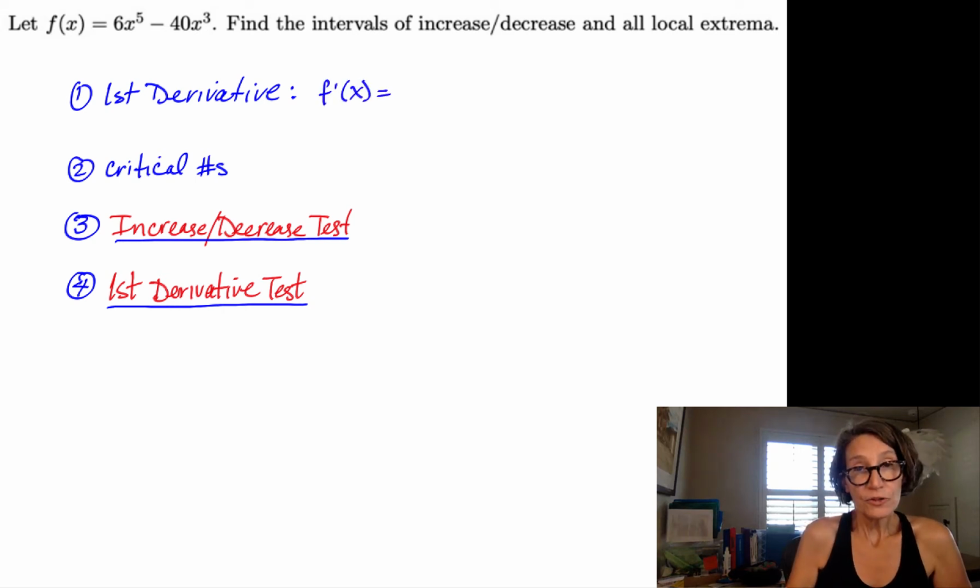First, the first derivative. It's a polynomial, so that's just going to be 30x to the fourth minus 120x squared. I can factor that because I'm going to try to find the zeros. So it's 30x squared times x squared minus 4, which is x plus 2 times x minus 2.